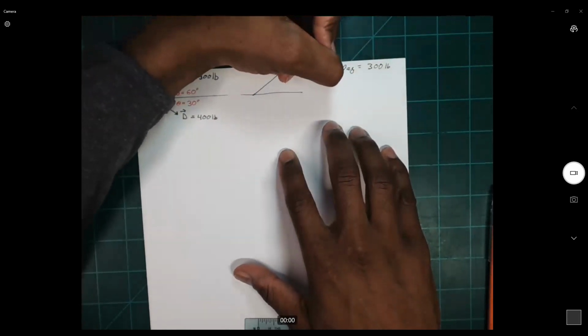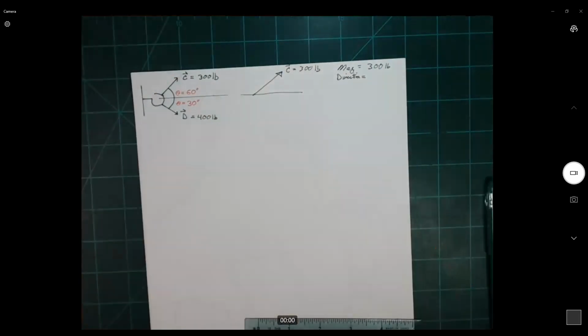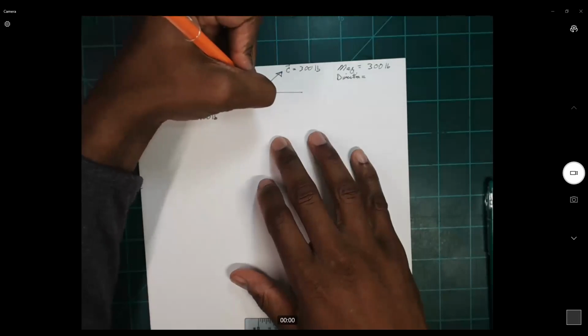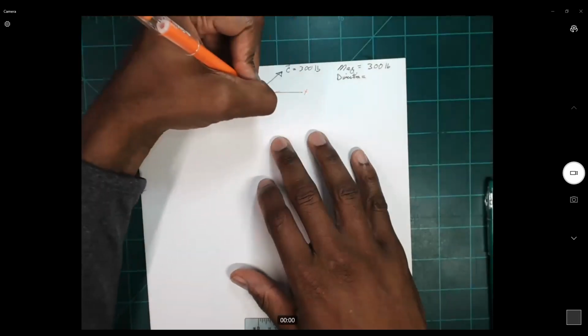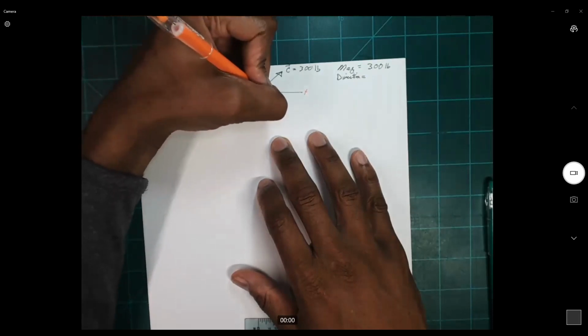And our direction. If I draw my components, this is our X component right here, so this is force Cx.